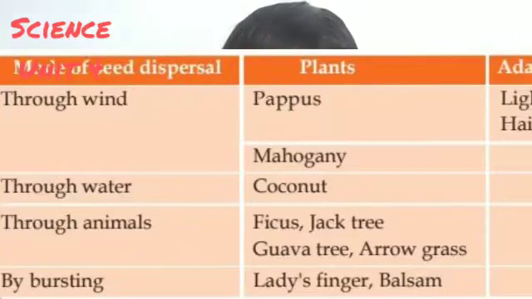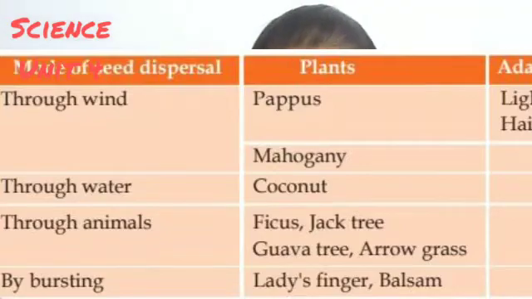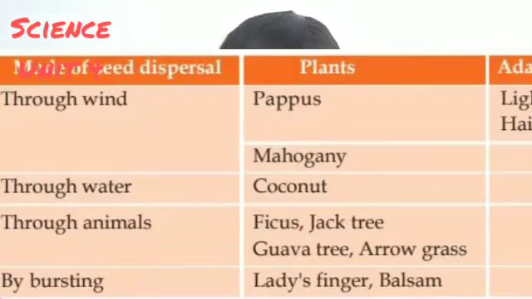They have given pappus and mahogany, light seeds, air-like parts to fly. We discussed it. Now through water, coconut. Through water it is coconut, that is, as I told you, the husk. It is so smooth. The outer covering of the coconut helps it to float in the water.